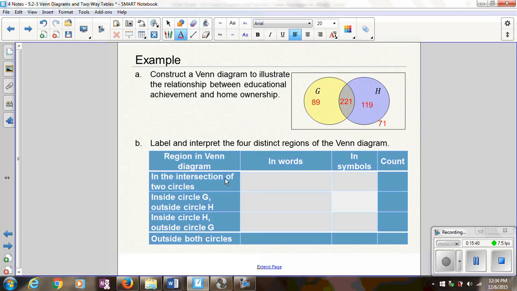So in the intersection of the two circles, this would be G and H. This would be where they are both a homeowner and a graduate.